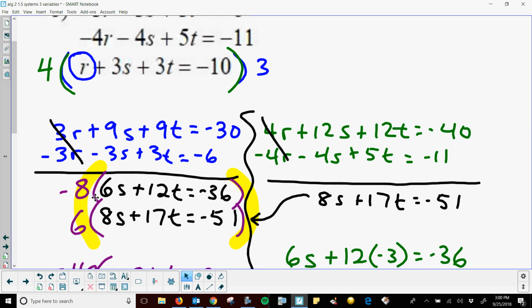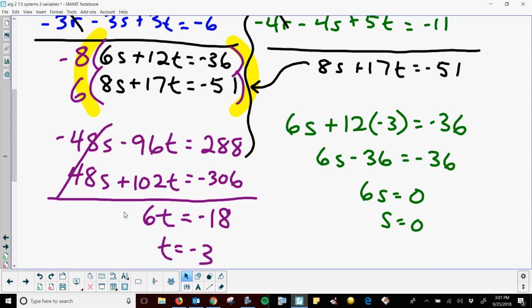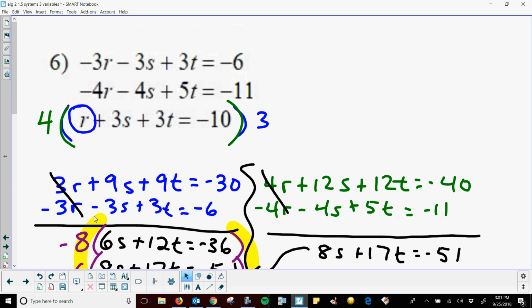Now this one's not super pretty, because we're going to have to multiply the bottom by 6 and the top by -8 to finish solving. And I'm not going to talk a whole lot about it, but we hit our checkpoint. And it's all about going back up here and finding which of these 9 is the easiest to manipulate. I found it.